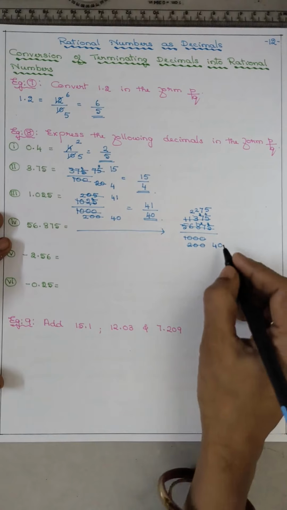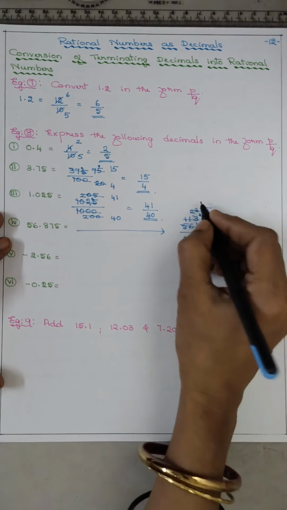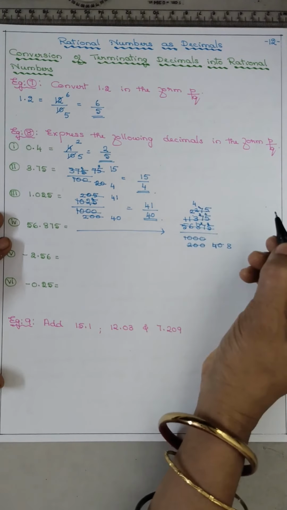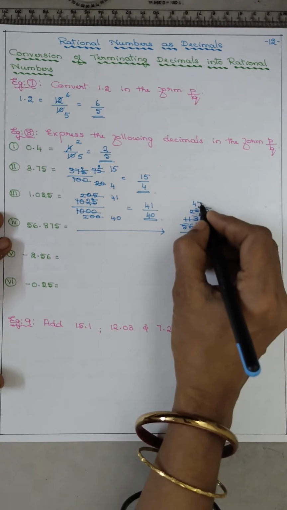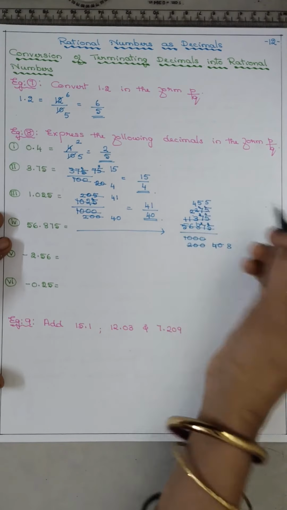Again 5 8s are 40, 5 4s are 20, 2 remains, 5 5s are 25.